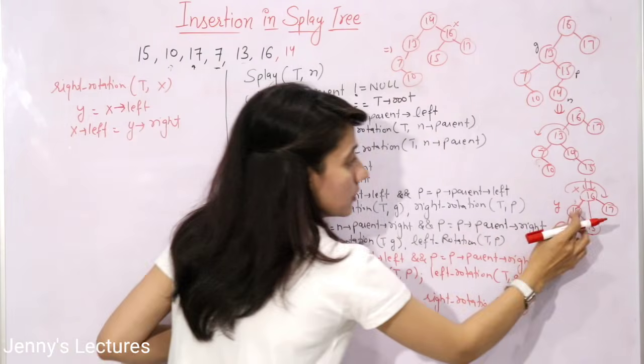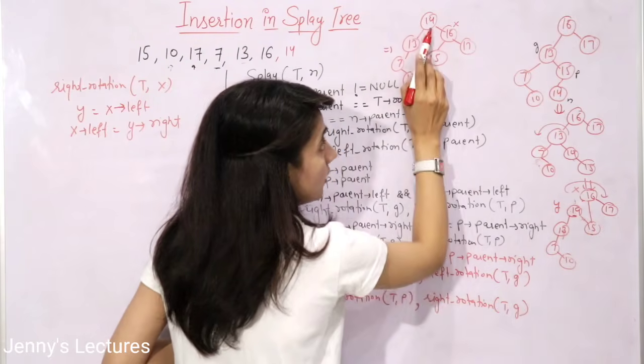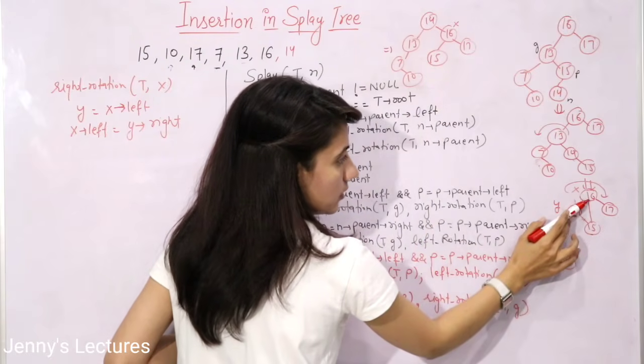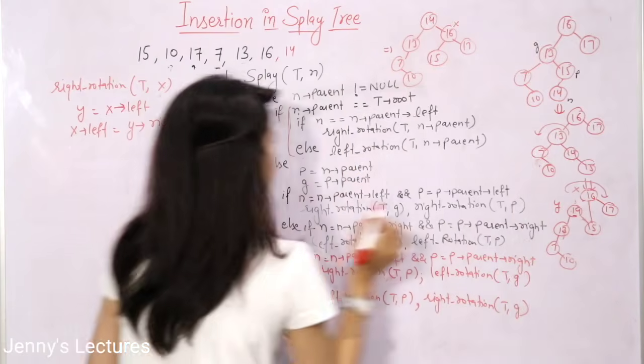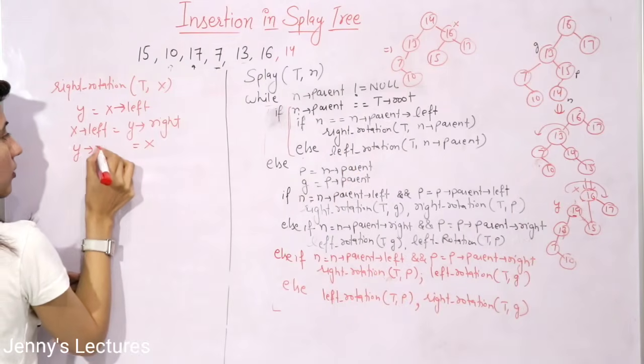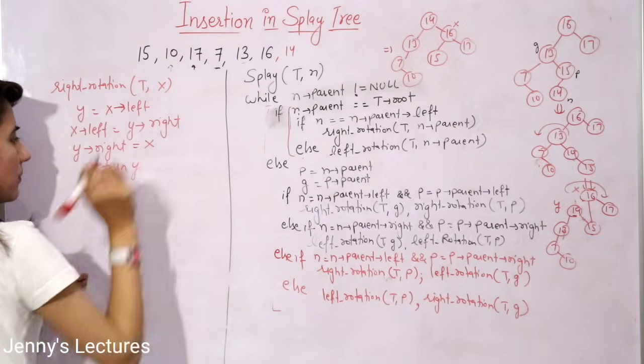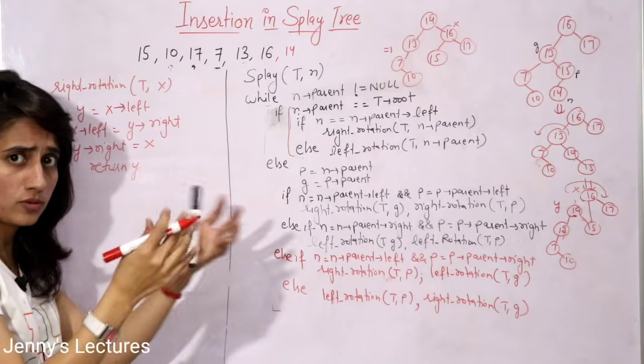Means how we will set this link? Now the right of 14 would contain the address of x. So here x we will store in y of right and we can return y, the address of this y node.